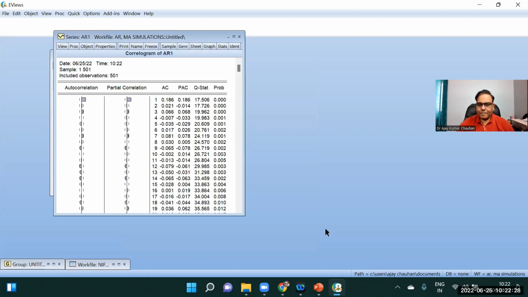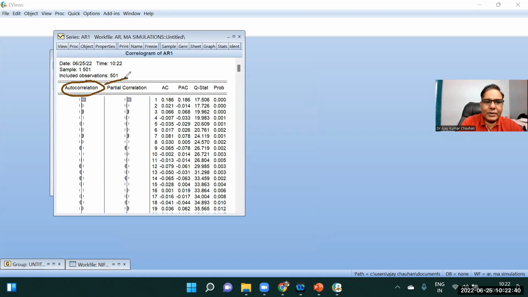So we have a graph, this is called the correlogram. This is called autocorrelation and partial autocorrelation. So what is the meaning of autocorrelation and partial autocorrelation? Let me explain. We cannot understand ARIMA without understanding this concept.